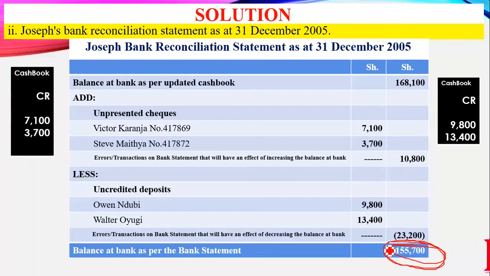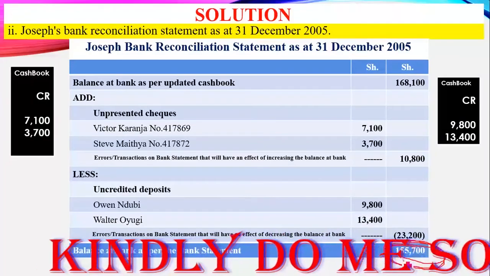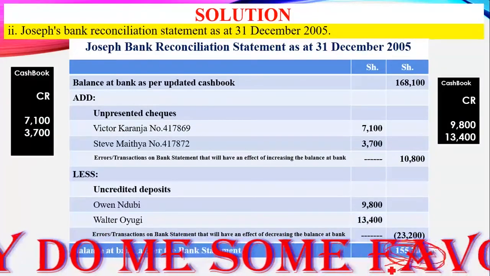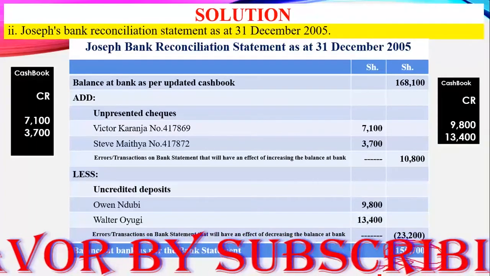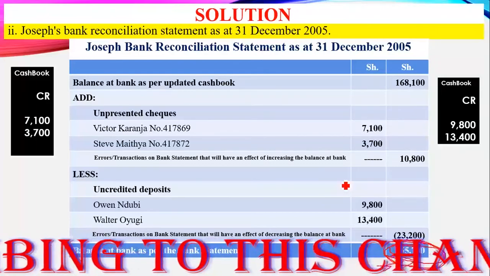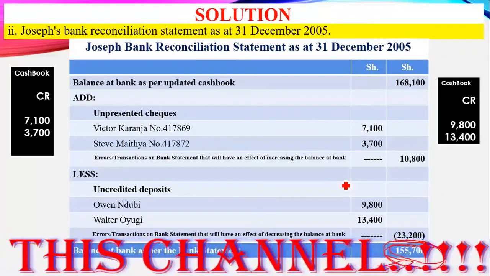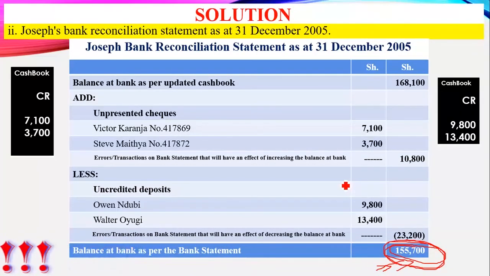So that means when you're preparing the bank reconciliation statement, if you don't get the figure that your bank statement is showing, then you have not reconciled the two accounts. You must get a similar figure to ensure that you have actually reconciled. You have shown why there is a difference between the balance at bank as per the cash book and the balance at bank as per the bank statement.